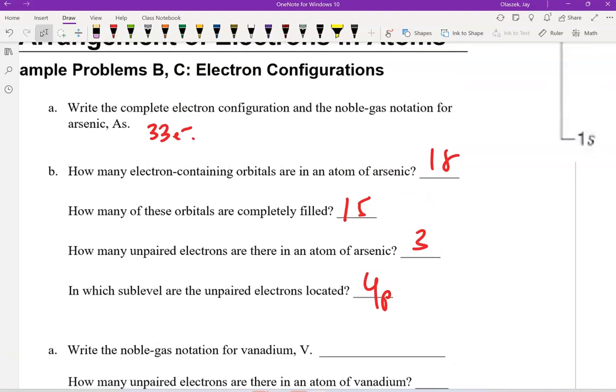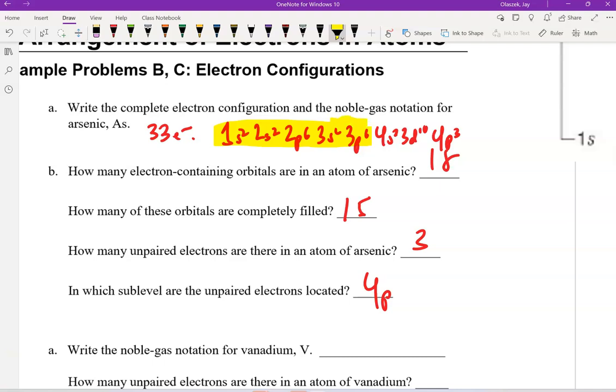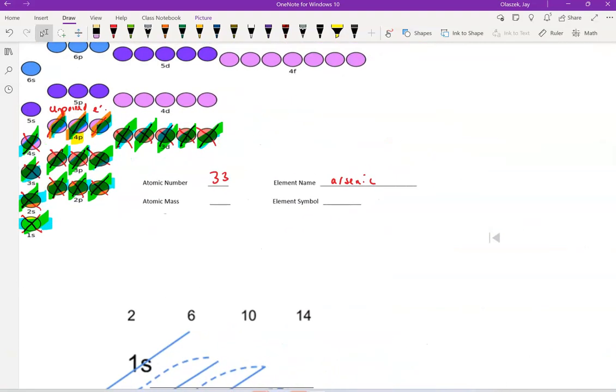Up here it's also asking for the electron configuration and noble gas notation. So we're going to write those both. The electron configuration is 1s2, 2s2, 2p6, 3s2, 3p6, 4s2, 3d10, 4p3. But if I wanted to write that as a noble gas notation, keep in mind that the noble gas that is closest to arsenic without exceeding the number of electrons is whatever that one is that ends 3p6.